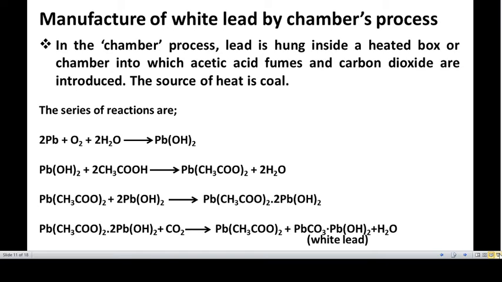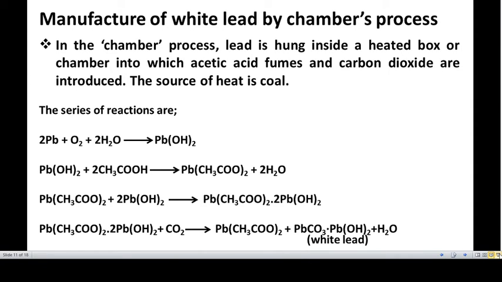In the Chambers process, the lead plate or lead material is hung inside a heated box or chamber into which the fumes of acetic acid and carbon dioxide are introduced. So now what happens? There will be a reaction between lead, acetic acid and carbon dioxide in the following manner.